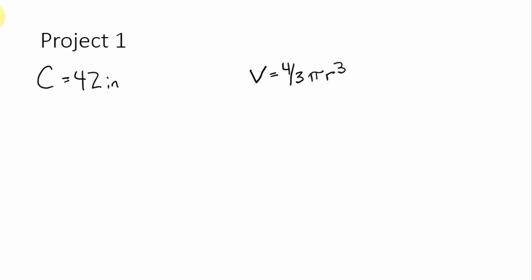So I need to find that radius. Well, on our formula sheet, we know that circumference equals pi times diameter. So if we have 42 for circumference, we can find the diameter.